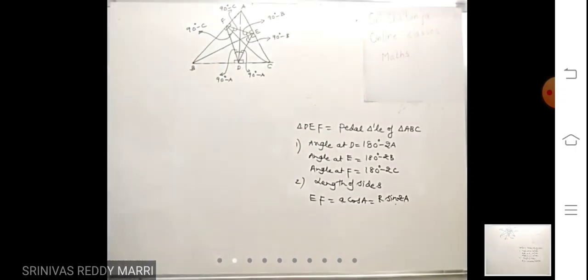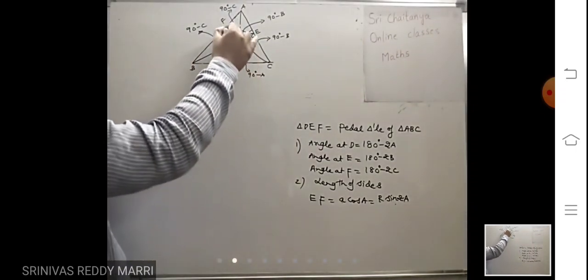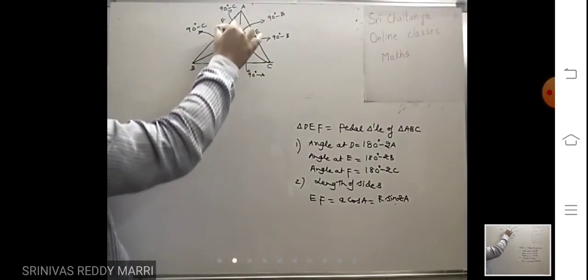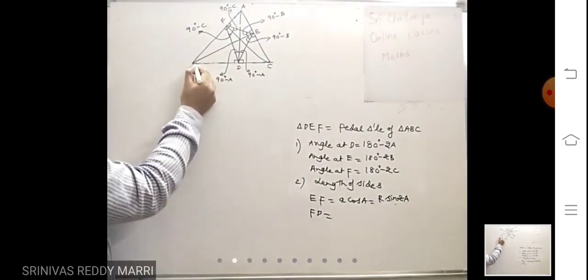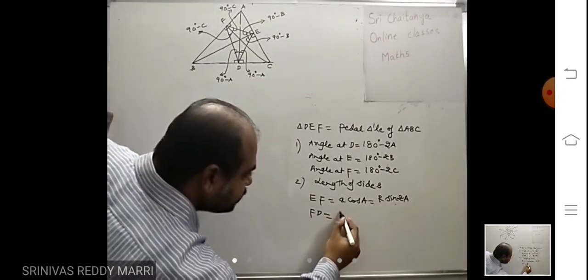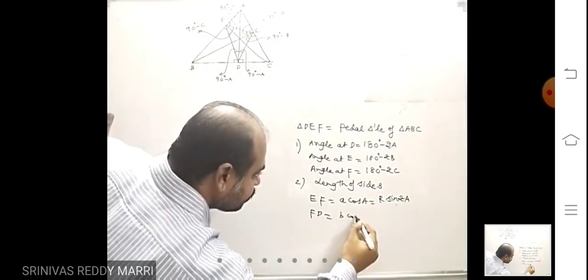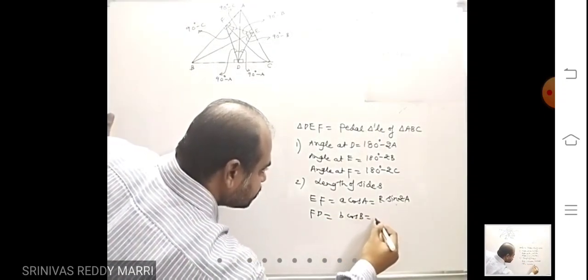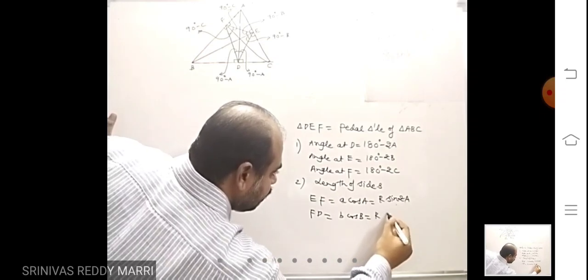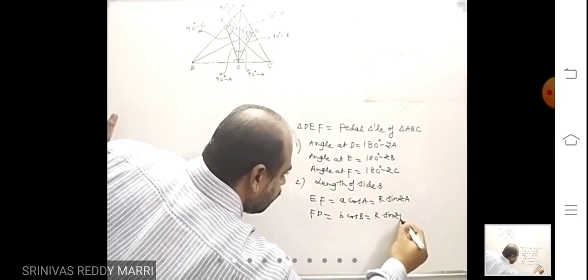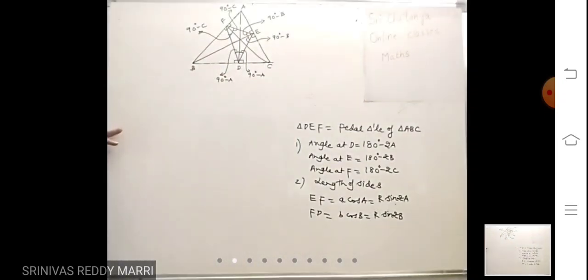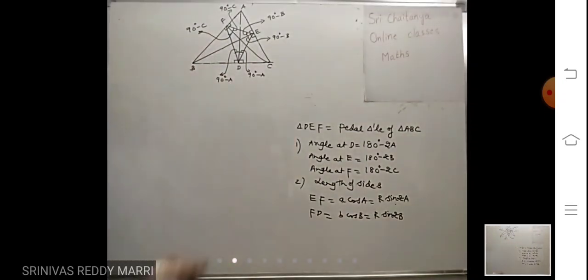Right? EF. So similarly, what is FD? Similarly, it is nearer to vertex B. That means you can remember like this: b cos B equal to R sin 2B. That is one side.